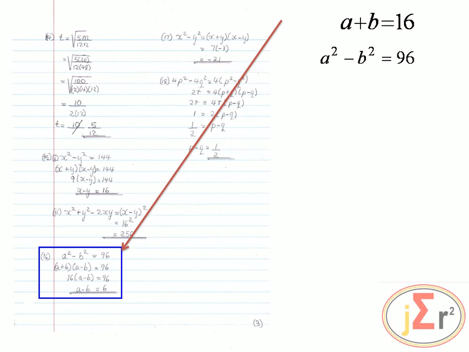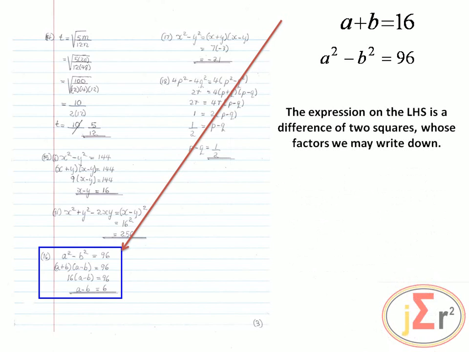Of course, it will be good if we could factorize a squared minus b squared, writing the factors as a plus b multiplied by a minus b.